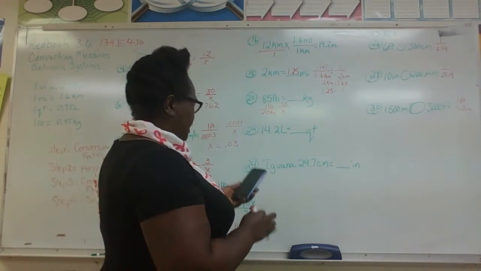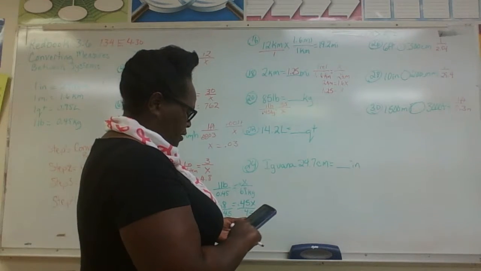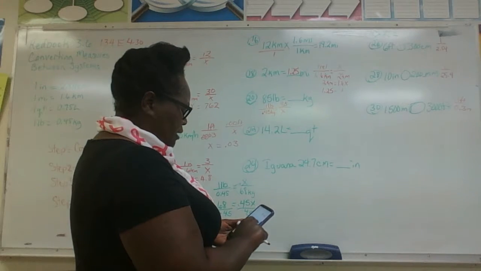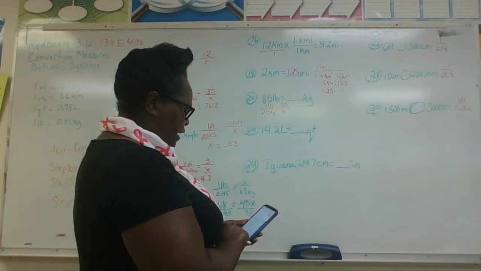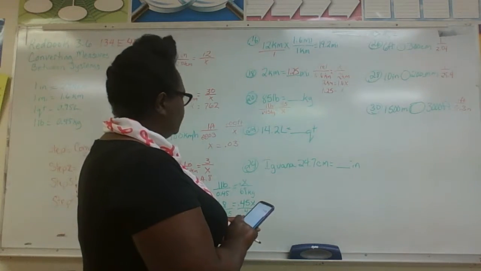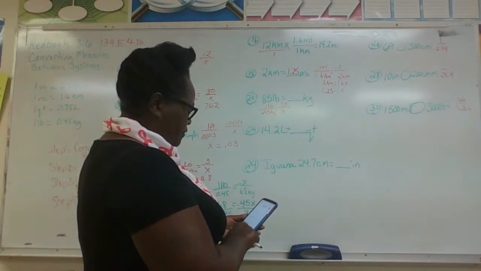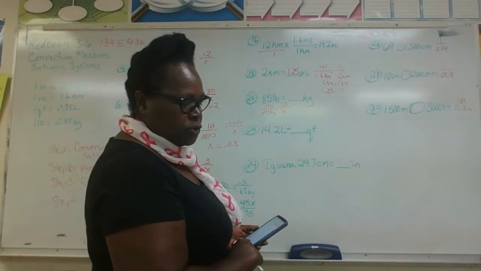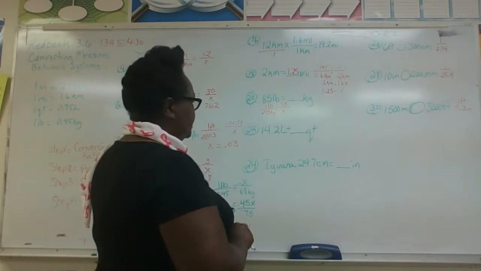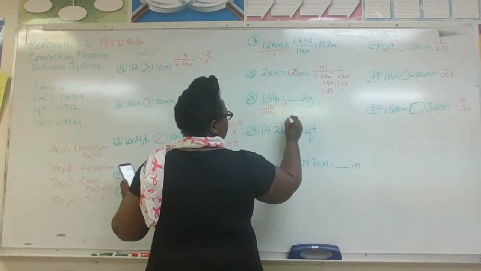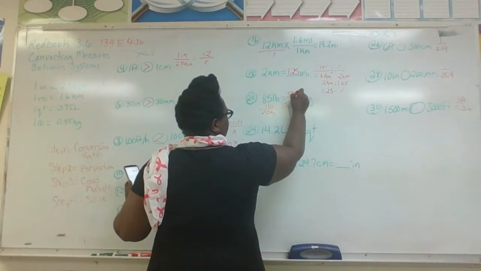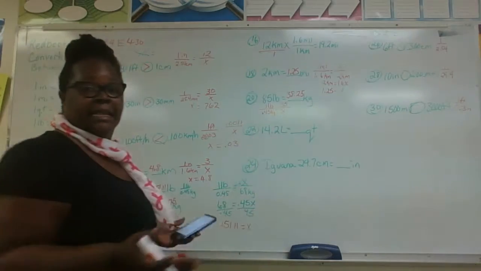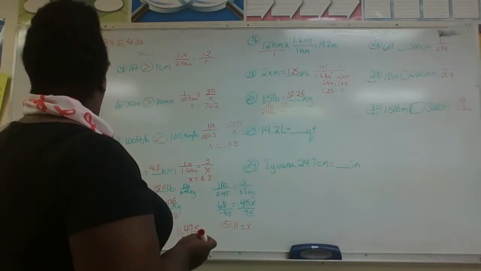Okay, so we take the 85 and we multiply it by 0.45, and we have 38.25 for number 20. Okay, so that 38.25 kilograms.